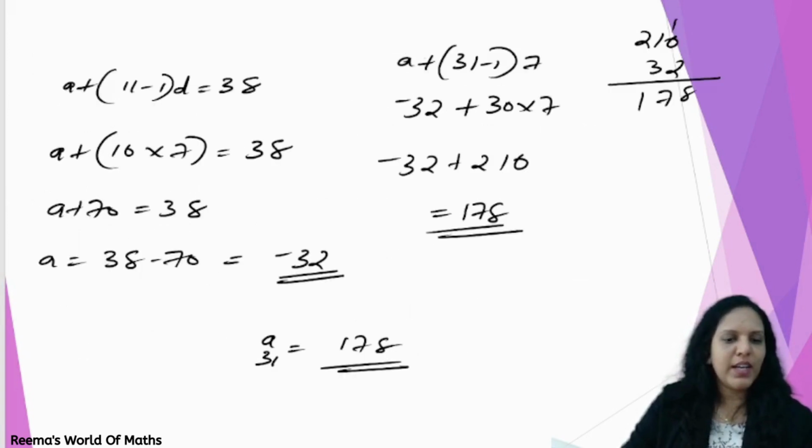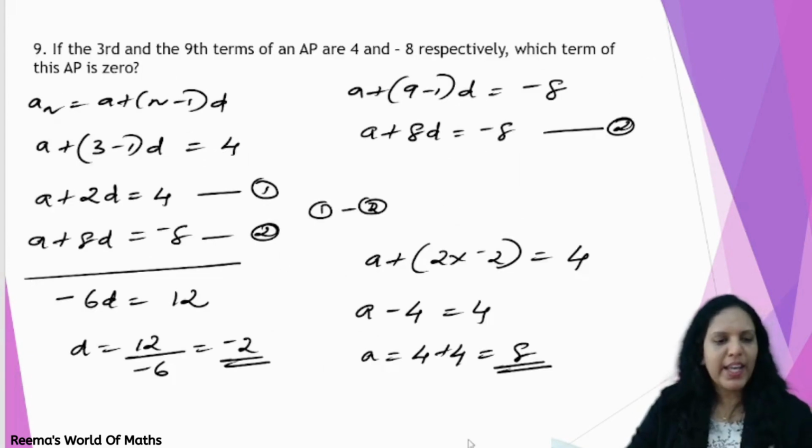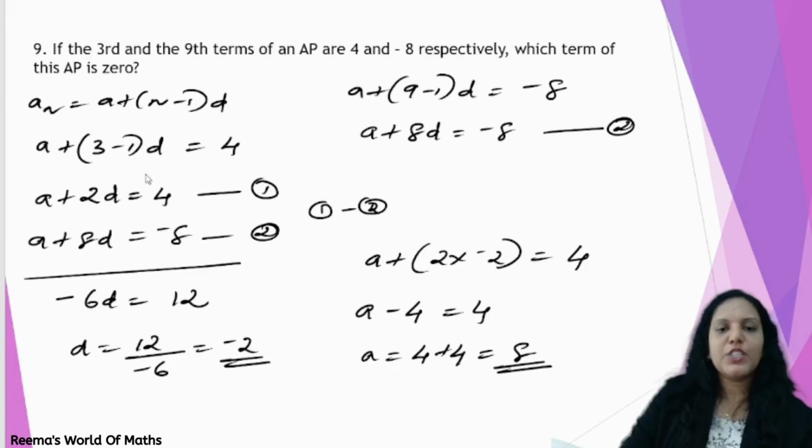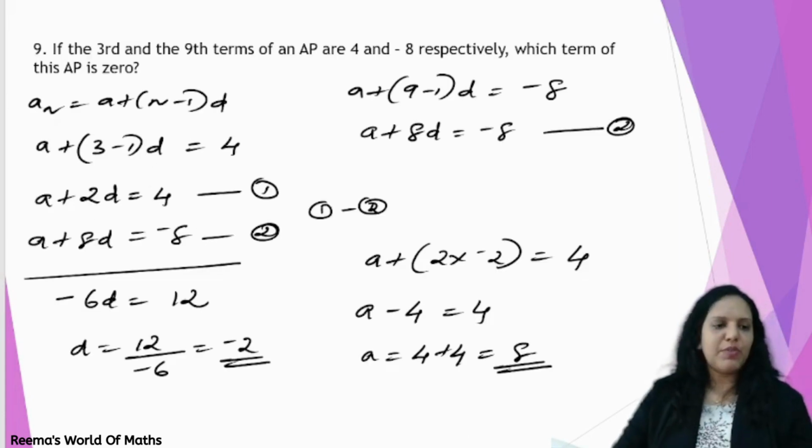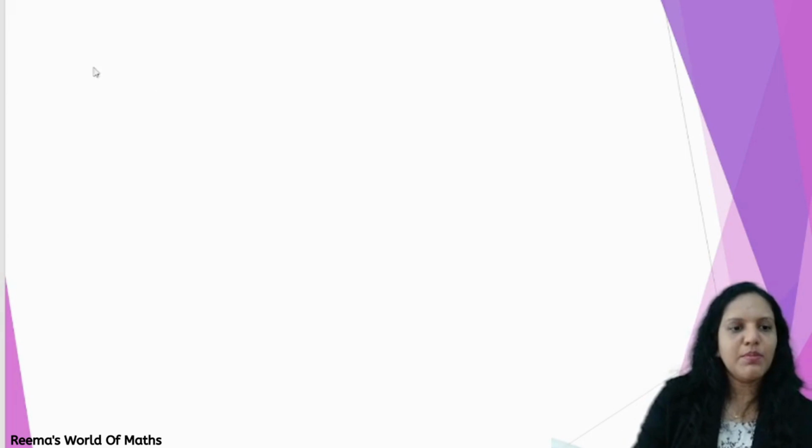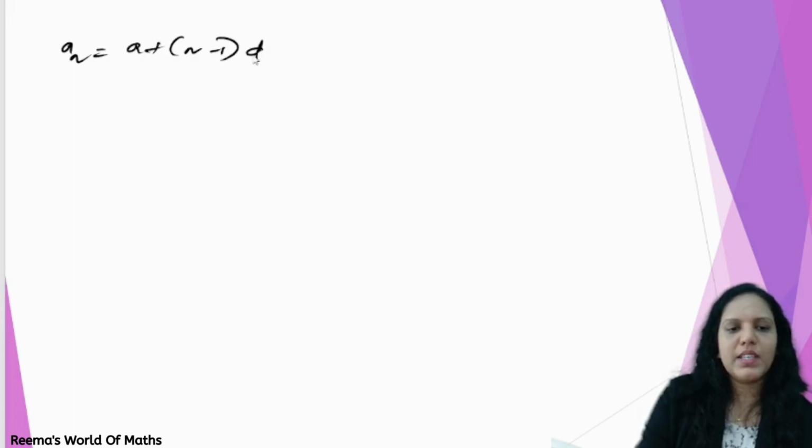For that we can add a new slide. We know A equals 8, and we need to see whether 0 is a term of this AP. For that, any nth term is An equals A plus n minus 1 into D. Correct? So that is 0 equals 8 plus n minus 1. We don't know the n.